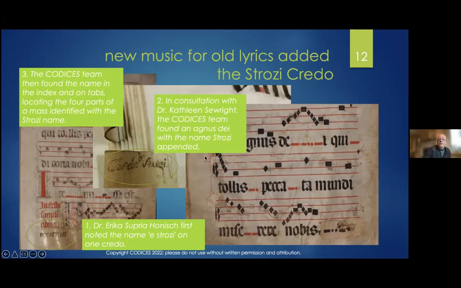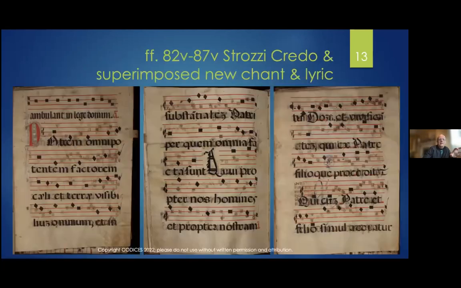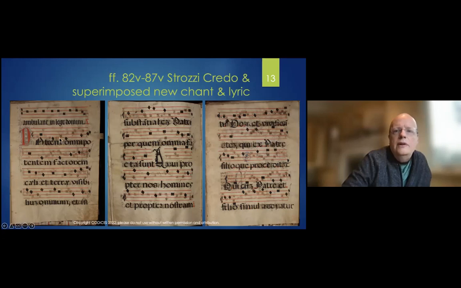But what we've determined is that this is a piece of music that's somehow associated with Strozzi, where they scraped off notes here and added new lyrics. So there was something else here. You can sort of see the ghosts of the old notes.